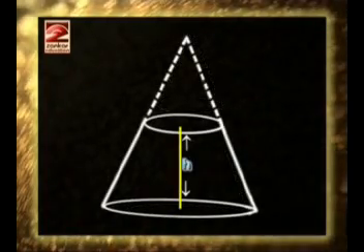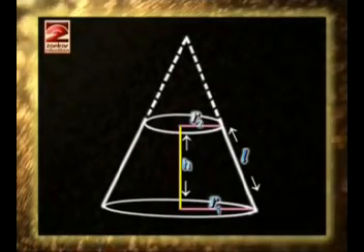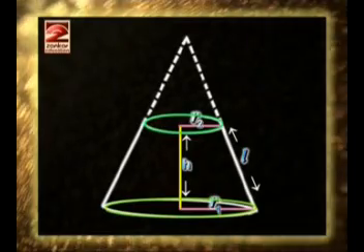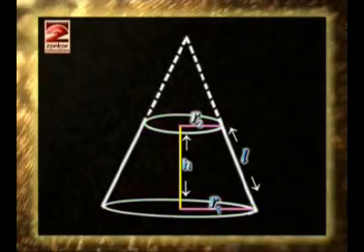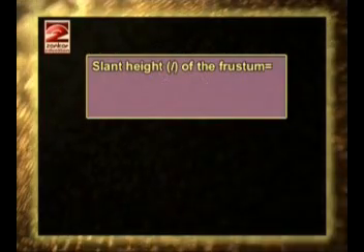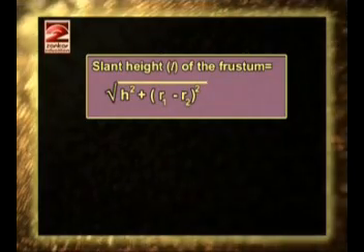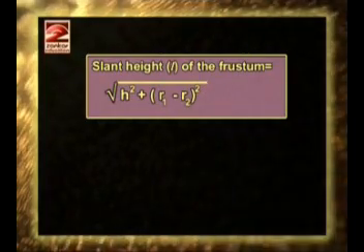Let h be the height, L be the slant height of the frustum, and R1 and R2 be the radii of the ends, where R1 is greater than R2, of that frustum of the cone. Therefore, slant height L of the frustum is equal to under root h square plus bracket R1 minus R2 bracket square.